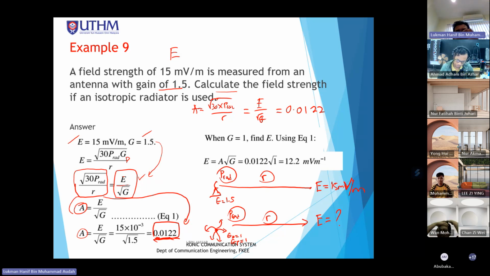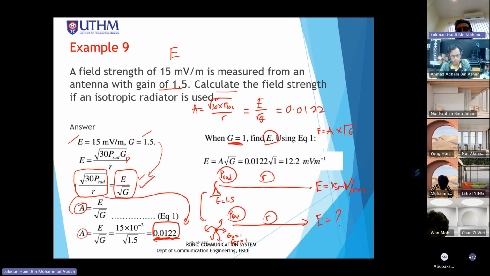Now when we use the isotropic radiator, we change the antenna. Class, initially we have a real antenna. Now we just change it into an isotropic antenna. The isotropic antenna has a gain of 1, and we need to find the E value.